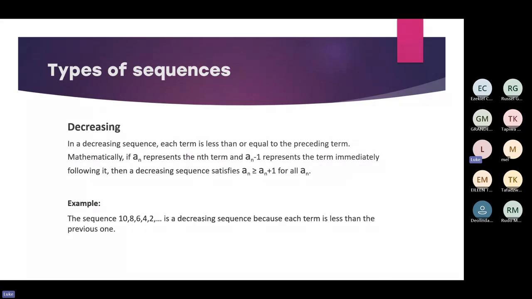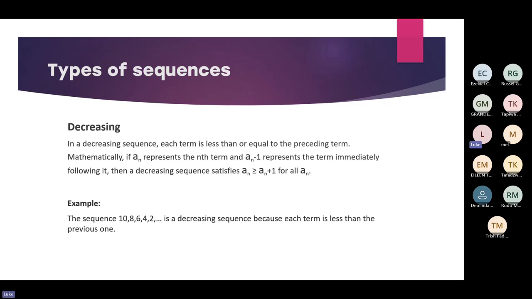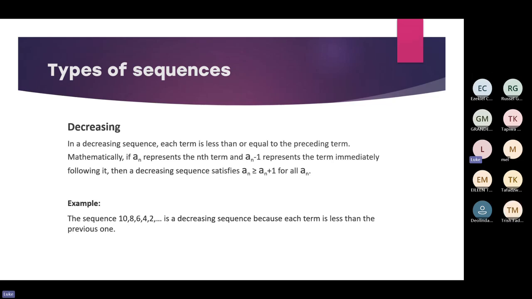So mathematically, if A subscript n represents the nth term, and A subscript n plus 1 represents the term immediately following it, then a decreasing sequence satisfies that A subscript n is greater than or equal to A subscript n plus 1 for all n. So for example, the sequence 10, 8, 6, 4, 2 is a decreasing sequence because each term is less than the previous one.